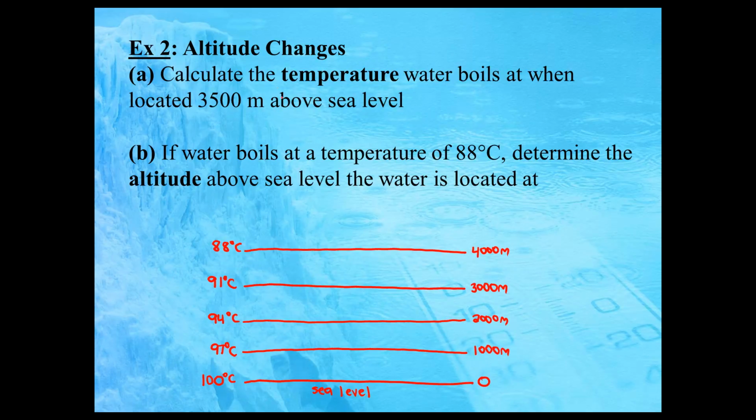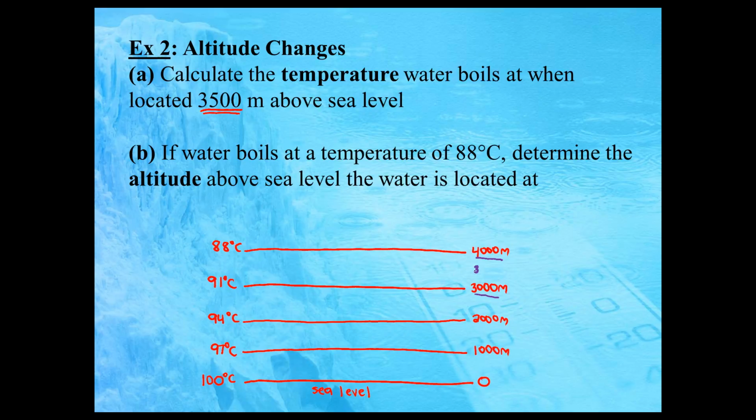Okay, let's answer these questions. It says, calculate the temperature water boils at when located 3,500 meters above sea level. This is kind of like an in-between altitude. 3,500 meters would be between 3,000 and 4,000 meters.